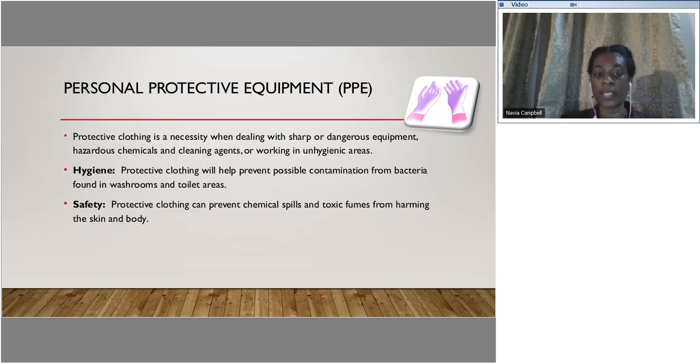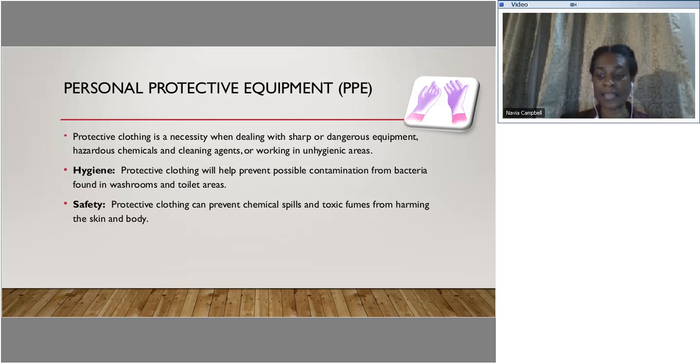As it relates to hygiene, personal protective equipment will help you prevent possible contamination from bacteria that is commonly found in your restroom. In addition, personal protective equipment can help to prevent injury resulting from chemical spills and toxic fumes that will be harmful to the skin and the body.